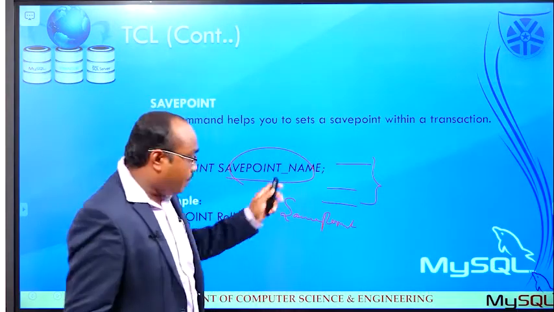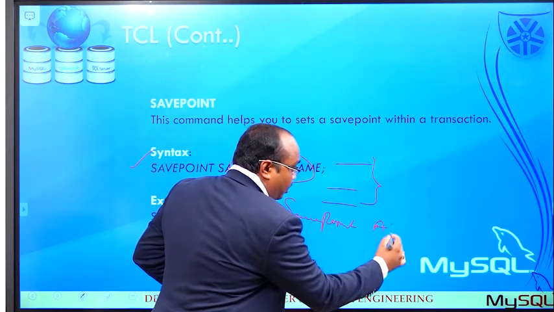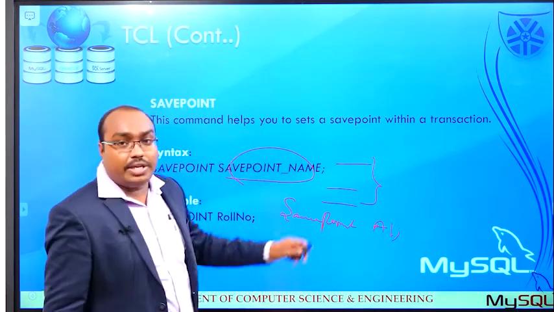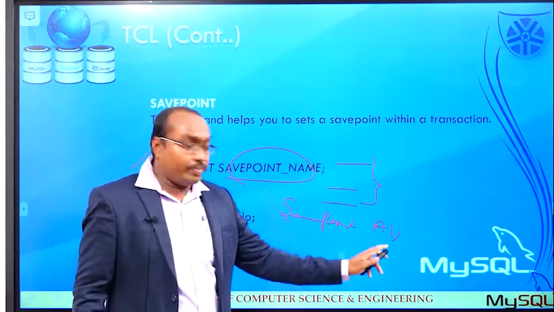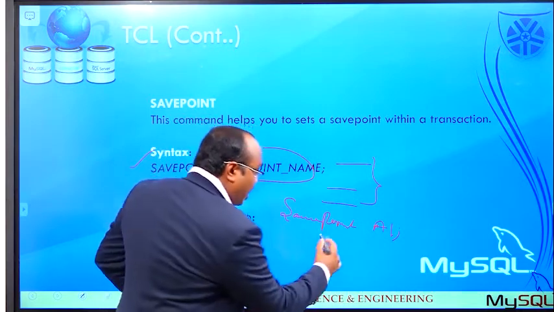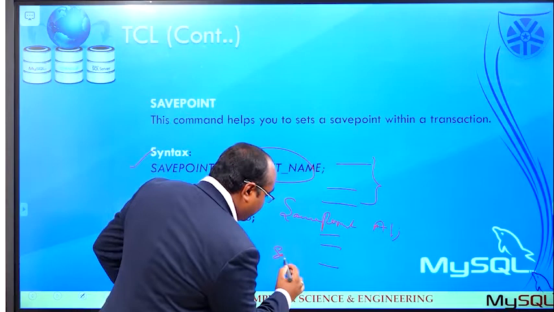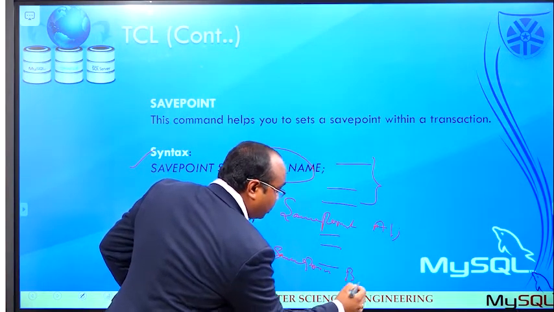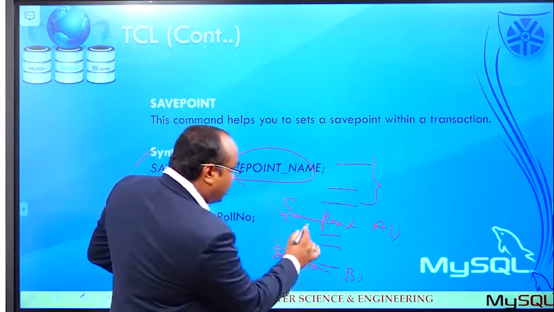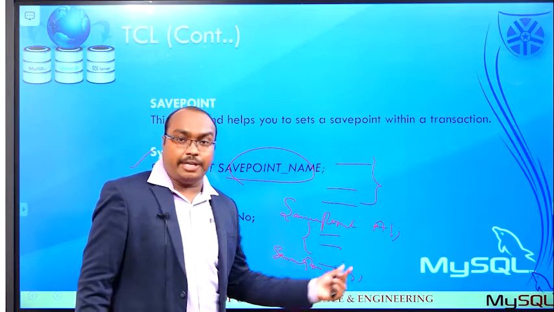Just I am applying savepoint A1. So here I want to save the previous transactions up to this A1. And next, I am performing some operations, and again I am saving these transactions. So these particular transactions will be saved in savepoint B.